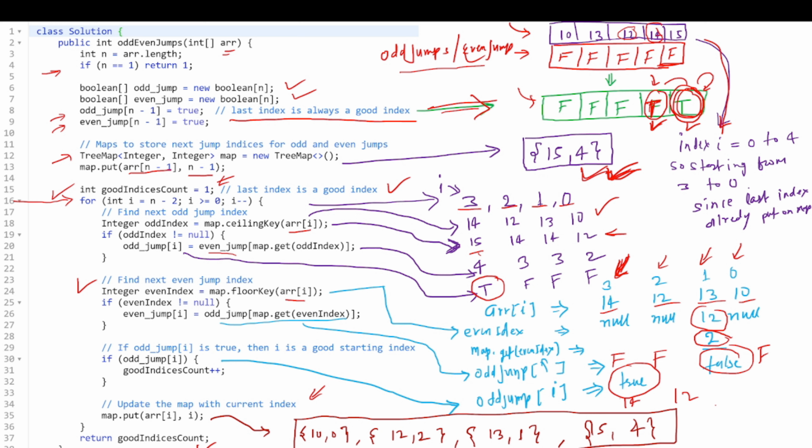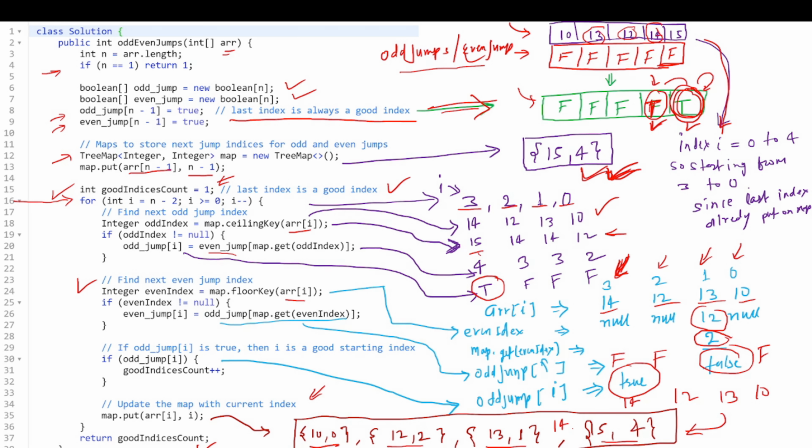Then array element at 1, what will you add? 13. We will add 13. And then array at 0 is 10. So all these we have to put. In the tree map we will have 10 0 in sorted order, 12 2, 13 1, and then 15 4. You got my point? And 14 3, one is left.